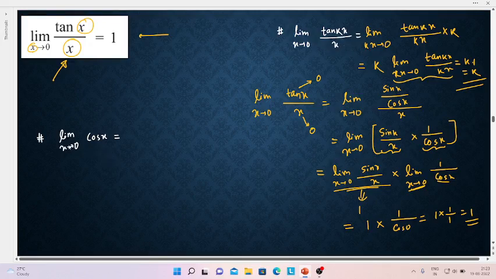So can you tell me what is the value of limit x tends to 0 cos x? At first I always told you that you have to first use the substitution method, right? After substituting the variable with the constant, like if x is tending towards 0, then x is the variable and 0 is the tending value.